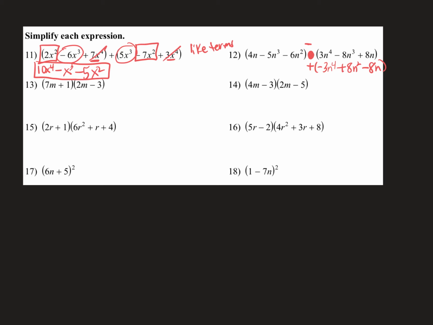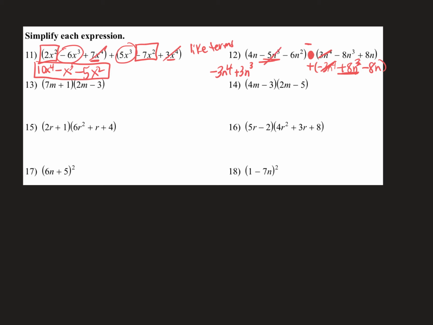So I'll start with my largest exponent, which looks like it's n to the fourth power. There's only one of them. Whoops, it's this one. Negative 3n to the fourth. Next would be third. Whoops, and I can see I messed that up. So that's positive 8n to the third. And negative 5n to the third, so that'd be plus 3n to the third.